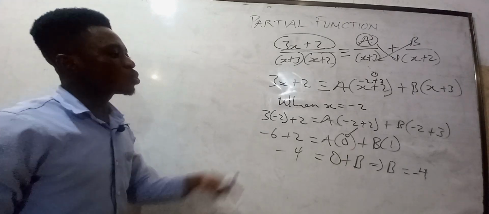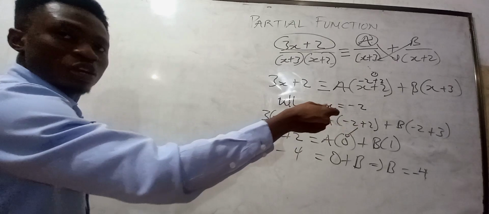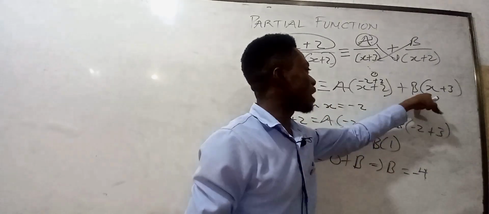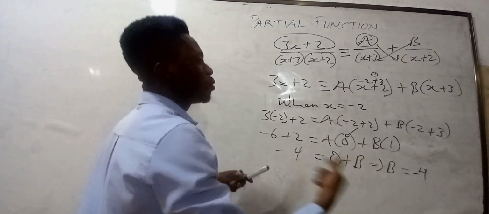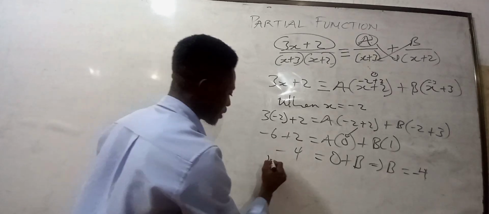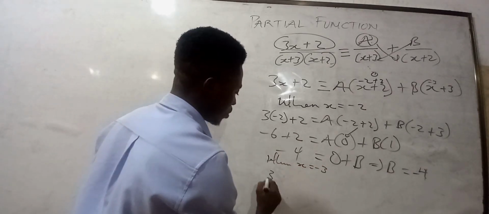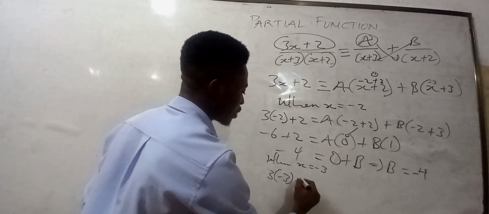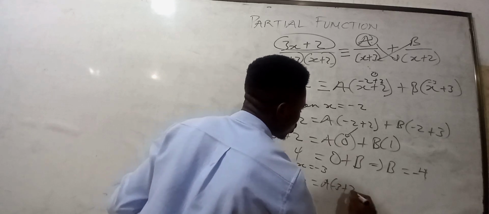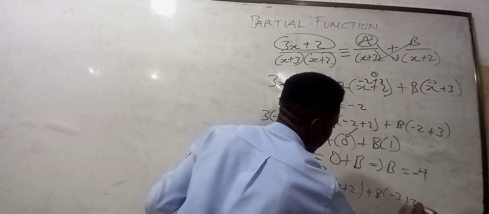Then we can also do the same thing for A by eliminating the B. So when you eliminate the B, you get the answer for A. So what do we do? We put in here -3. So when x is equal to -3, 3 into bracket -3 plus 2 is equal to A bracket -3 plus 2 plus B into bracket -3 plus 3.